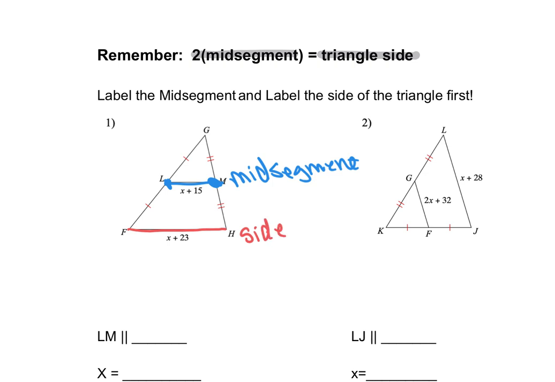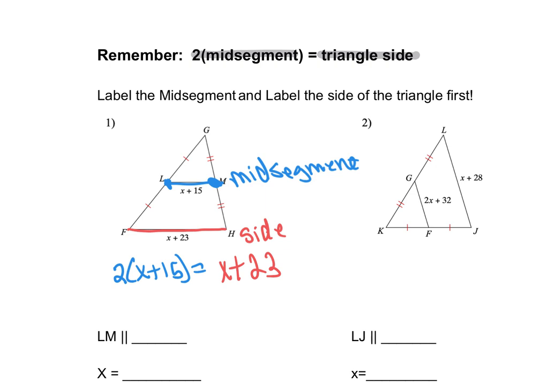Our midsegment is x plus 15. Our side is x plus 23. So 2 times our midsegment, which is x plus 15, is going to equal the side, which is x plus 23. And then we just have to distribute and solve for x.